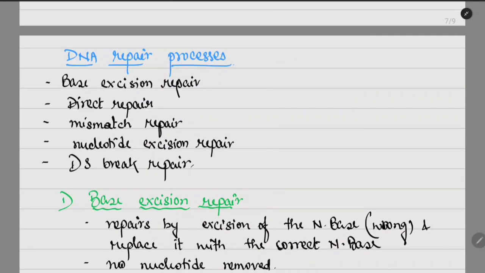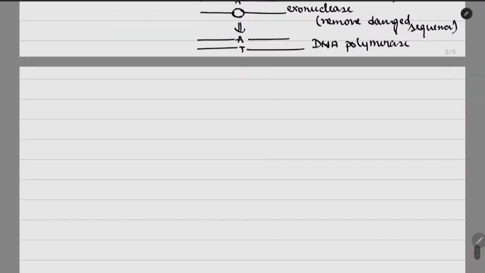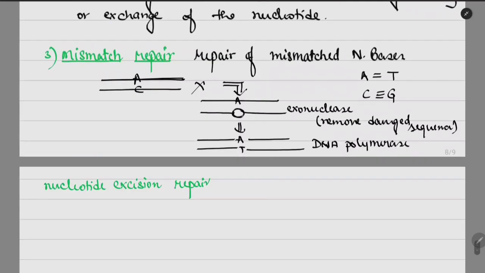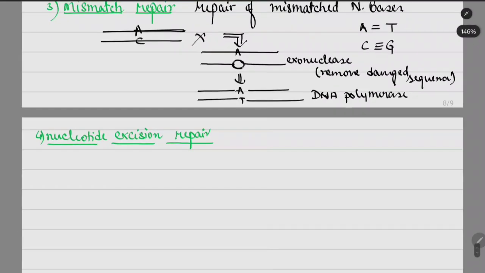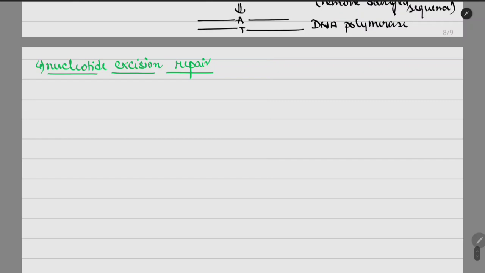Now the nucleotide excision repair. As the name suggests, the whole nucleotide is excised and then there is repair taking place. In the nucleotide excision repair, I said the TT dimer is present in the adjacent one. So if I draw a diagram here, TT dimer present here.